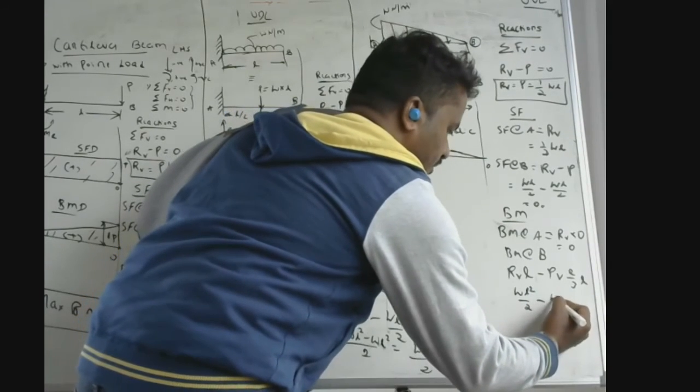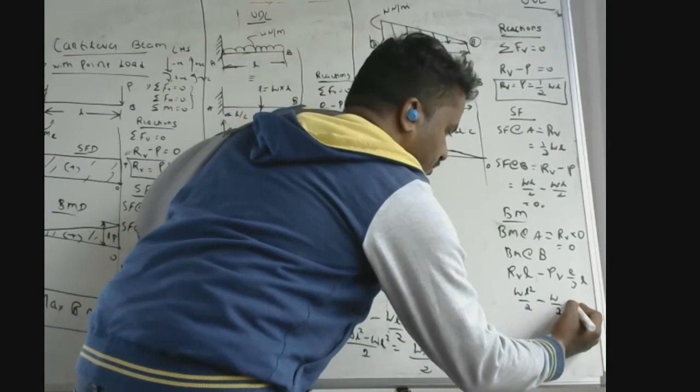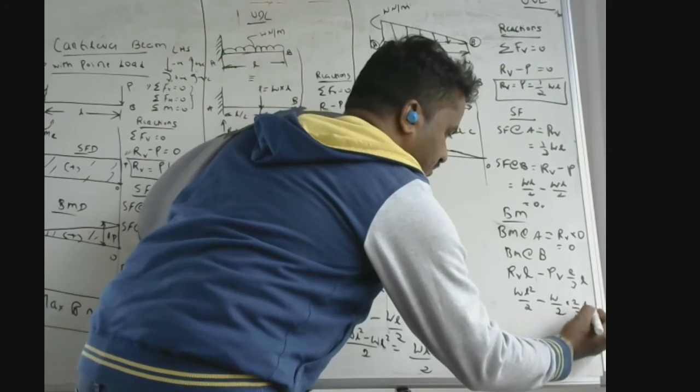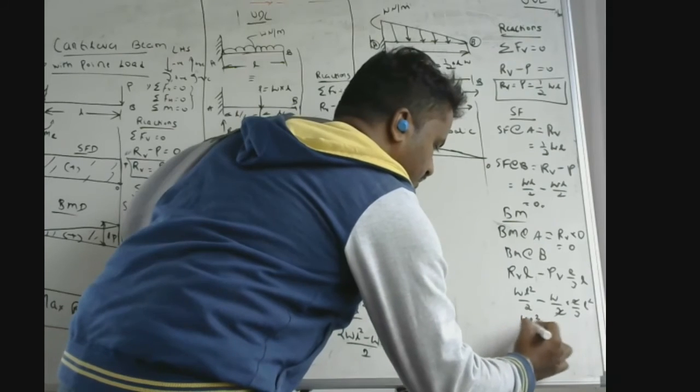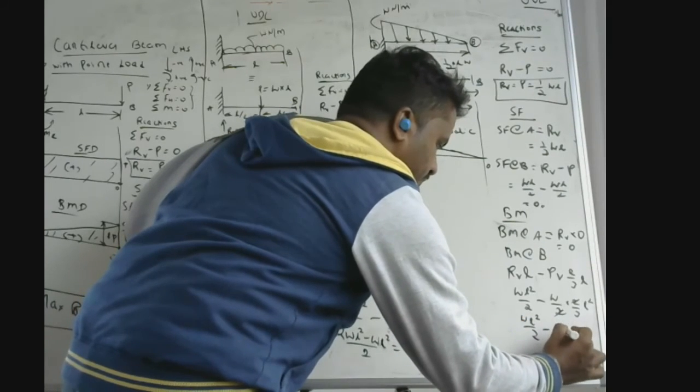This W by 2 into L, therefore the 2 will cancel.